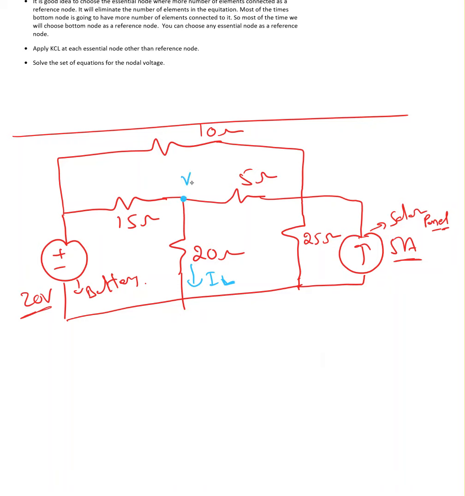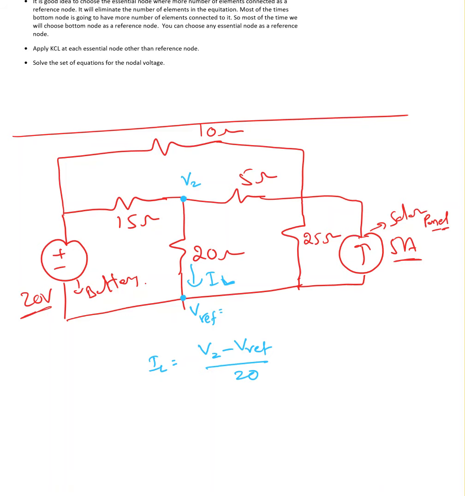Let me label this as V2 and label this as V reference. As long as I know V2 and V reference, my IL is nothing but V2 minus V reference over 20. If I know all the node voltages, not only the current passing through this 20 ohms, I can find the current in any resistor in this circuit.